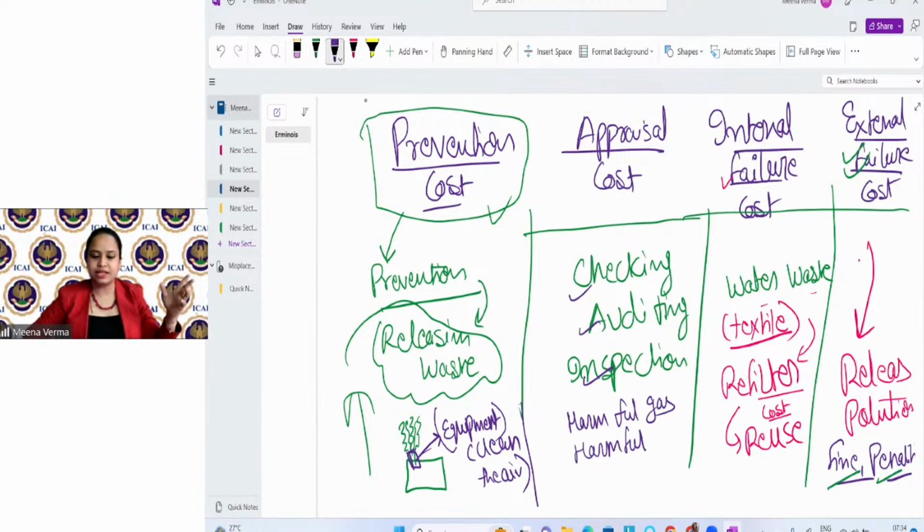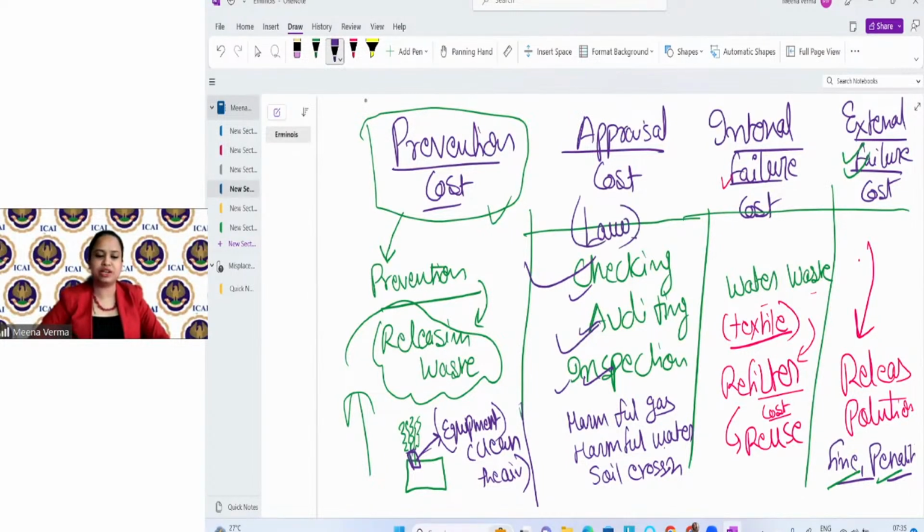Like the textile industry, right? There is no soil erosion. And you can imagine polythene waste and many other types of waste which these organizations produce. So audit it, check it, and it is the requirement of law.